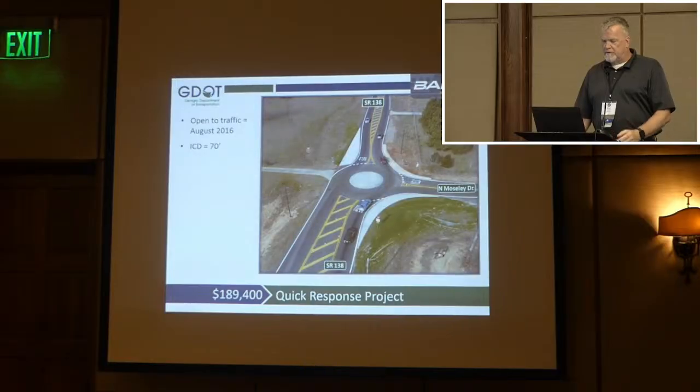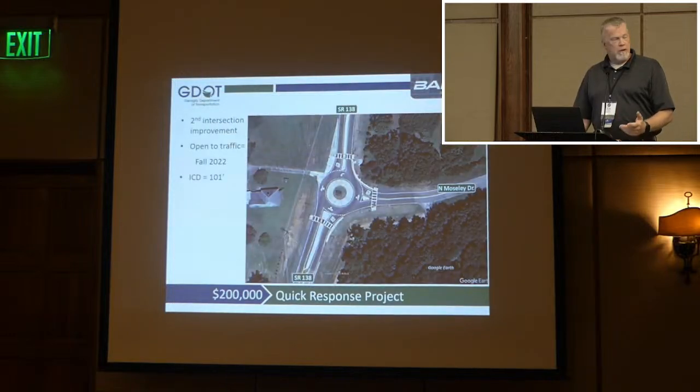This is a picture of it afterwards. It was a very small mini roundabout, inscribed diameter of about 70 foot. There had been some discussion after it came in about whether it needed additional improvements. So the district actually went in afterwards and did a separate project to put in a slightly larger circle.